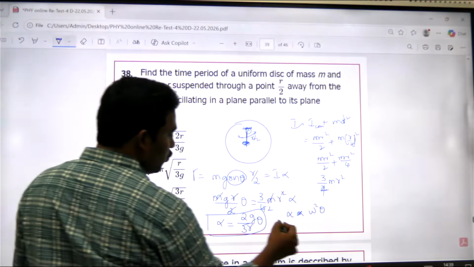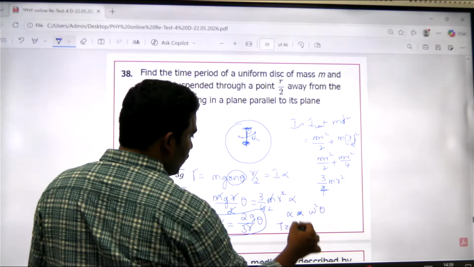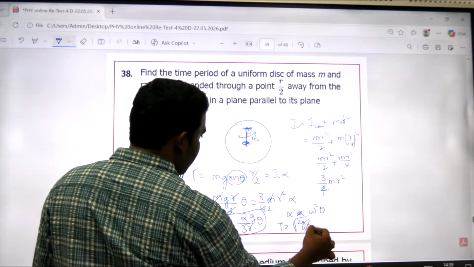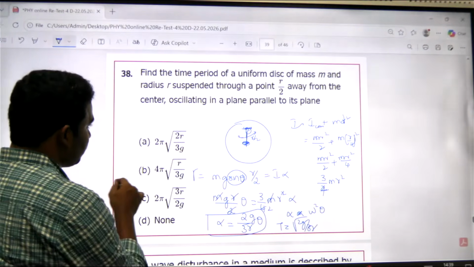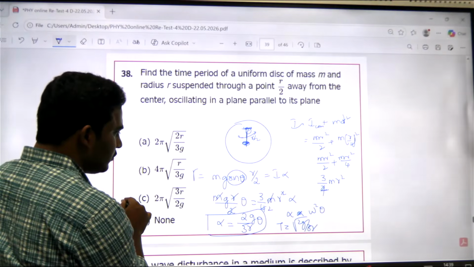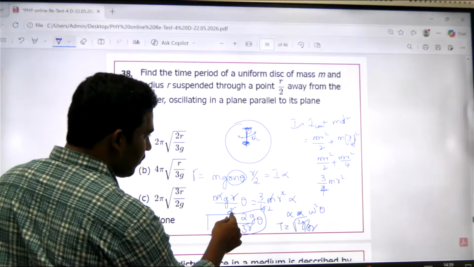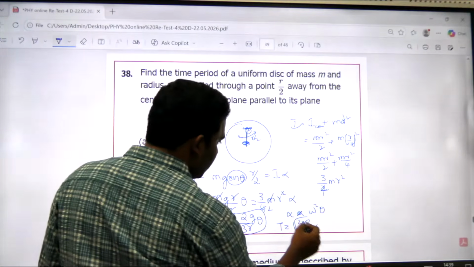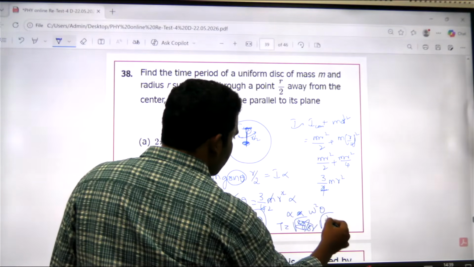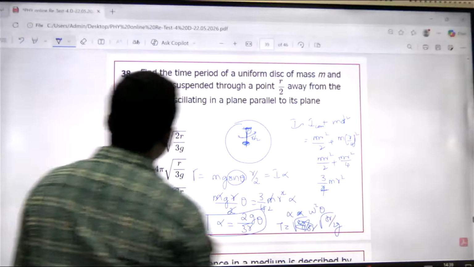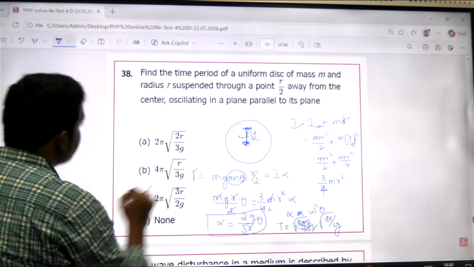Time period is 2 pi by omega, so it is 2 pi under root of 3r by 2g. Option C.